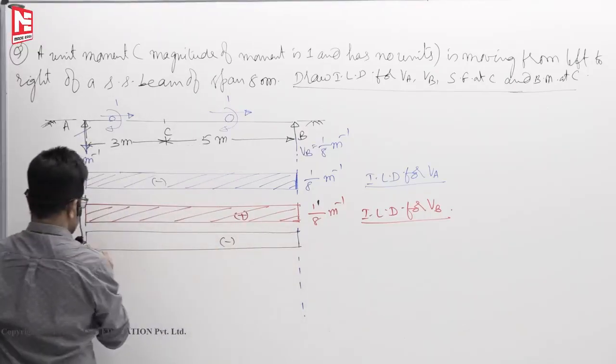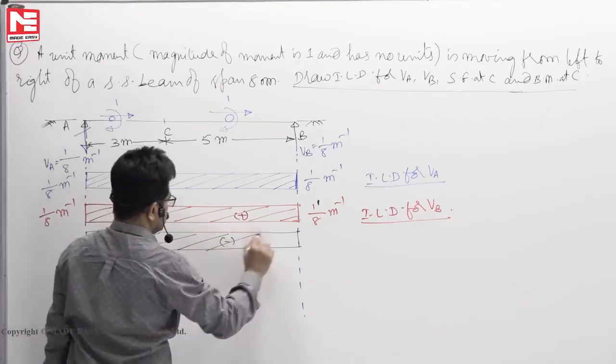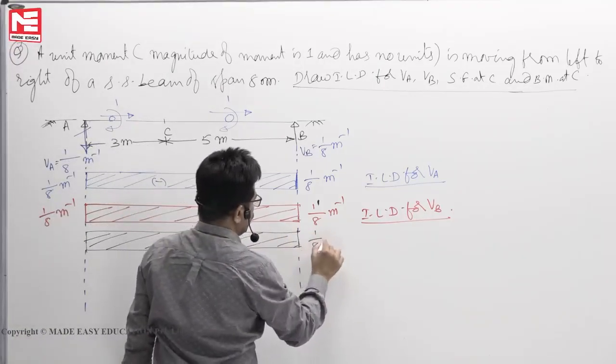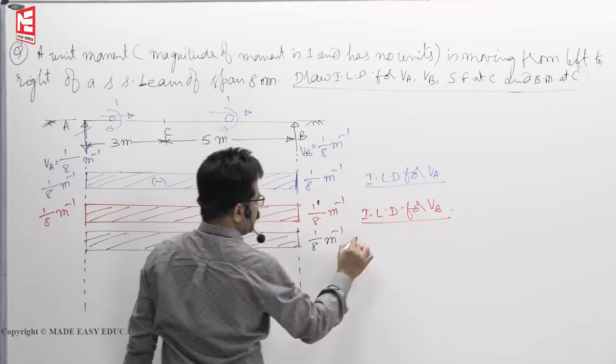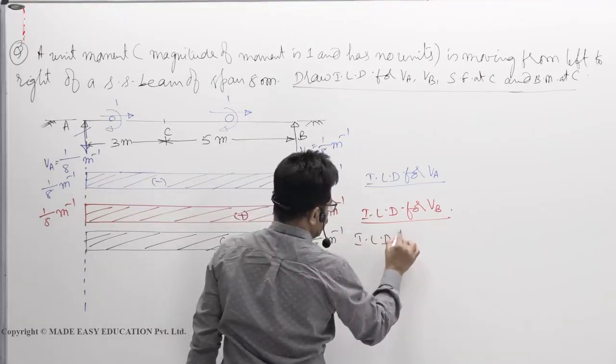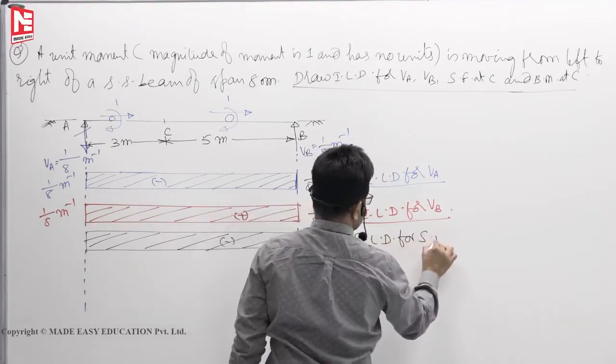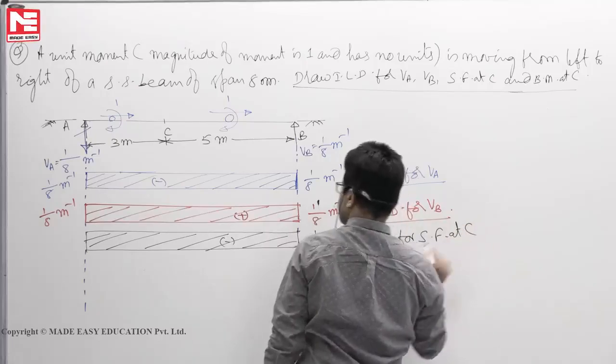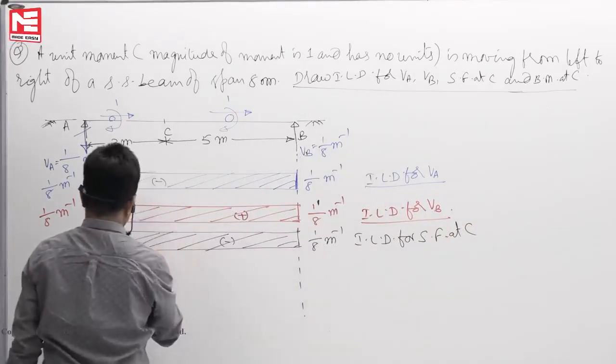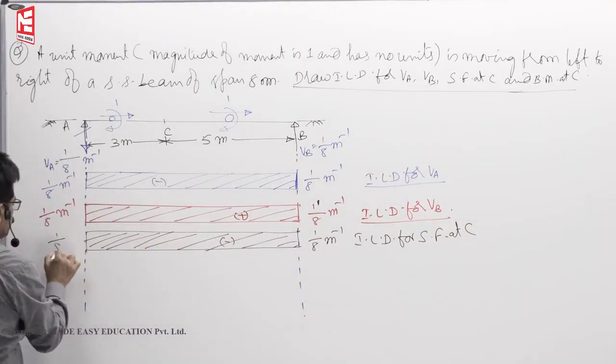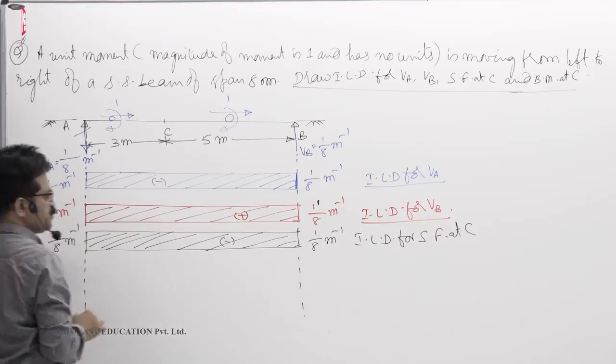This is minus 1 by 8 meter power minus 1. This is your ILD for shear force at C. For all positions you will get the same. This is also 1 by 8 meter power minus 1.